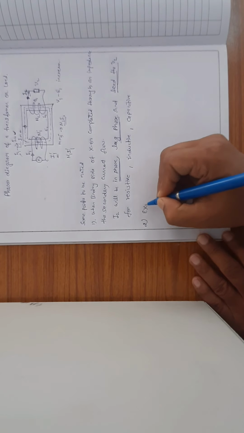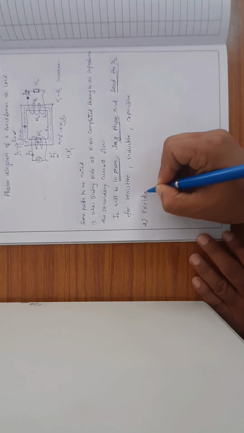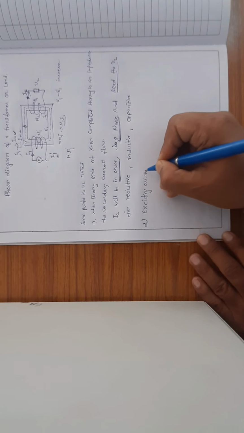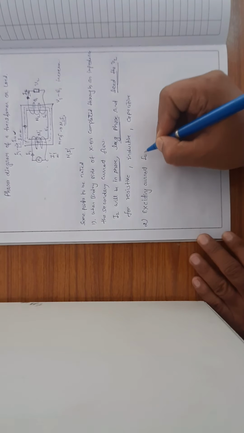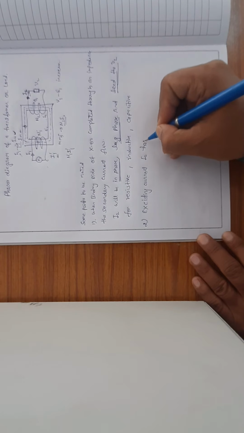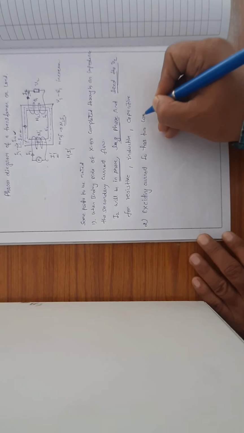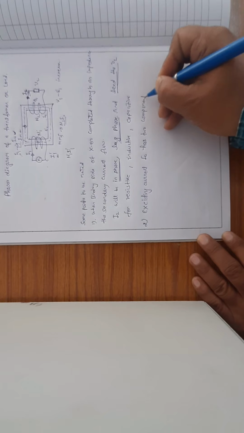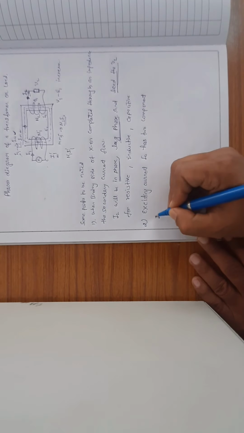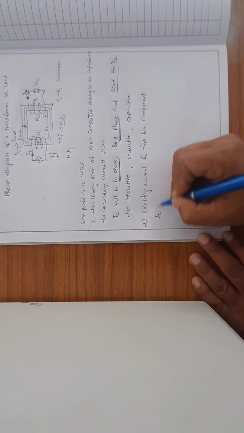Second point: the exciting current I0 has two components. Part A, first is IW, called the working component.